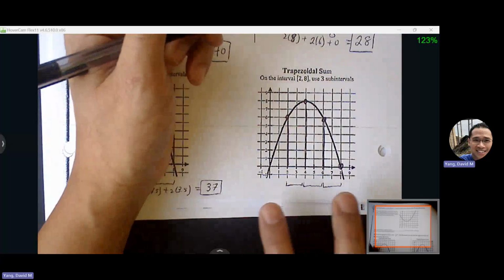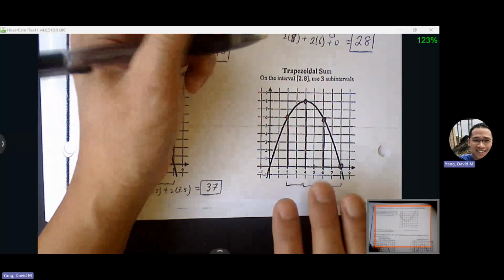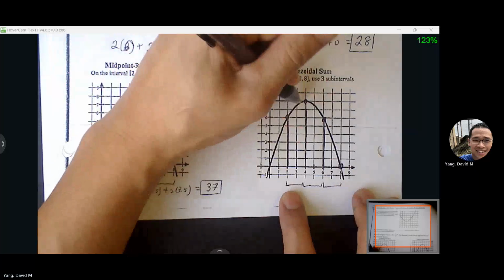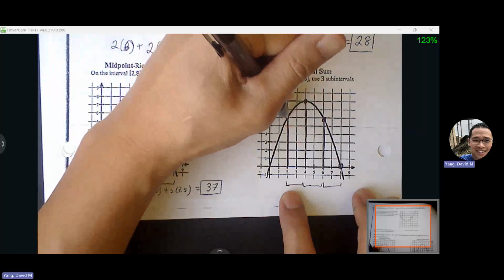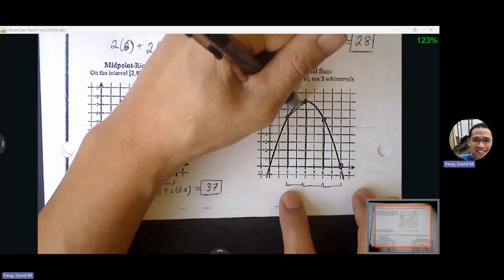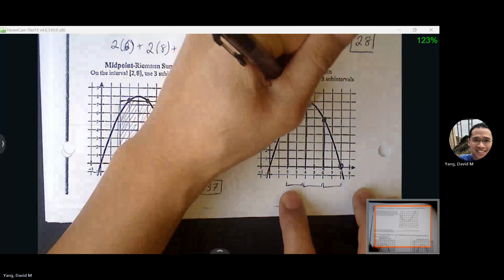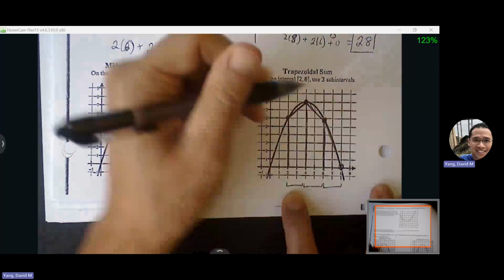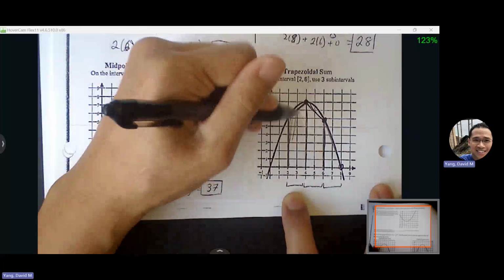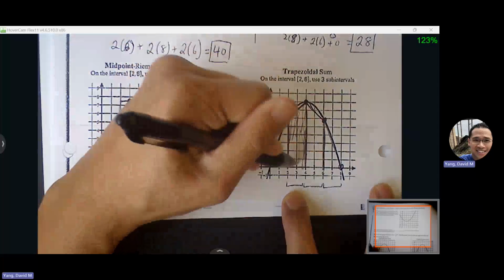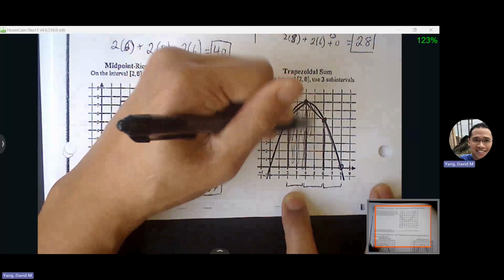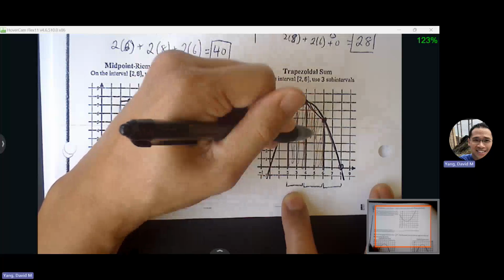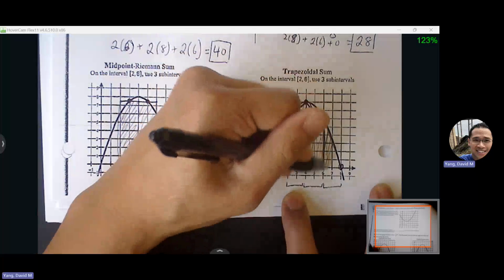The trapezoids are going to be from point to point. So you can draw a point here, extend with a line. And so we have 2 trapezoids. Technically, the third shape is a triangle, but the trapezoid formula will also find that area.